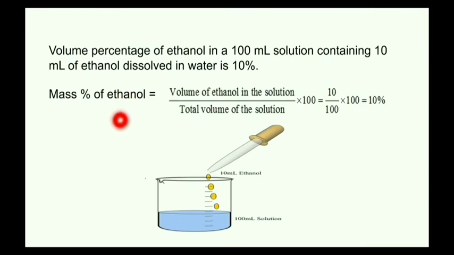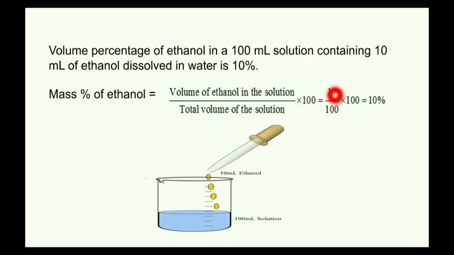So we are going to calculate the volume percentage. The volume of ethanol in the solution divided by the total volume of the solution into 100 is the formula to calculate volume percentage. The volume of the ethanol that is added is 10 ml, divided by the total volume of the solution, which is 100 ml.